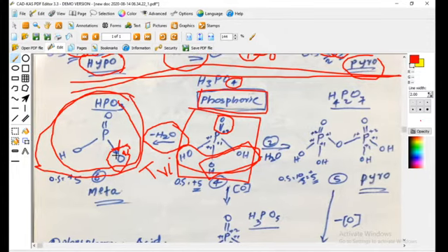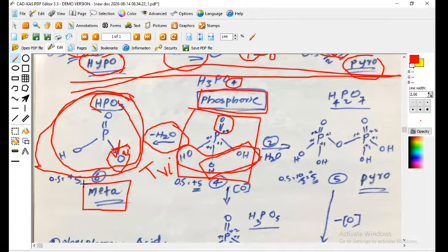You have to put one arrow here. So here HPO3 only, H2O is removed, so here one H is there, and 1 oxygen is also removed from the O4. So HPO3 is the molecular formula, and the name is metaphosphoric acid.